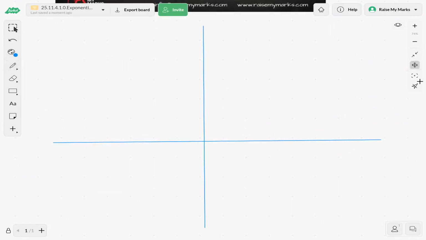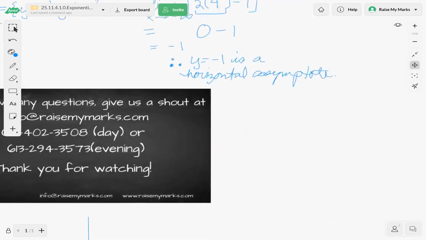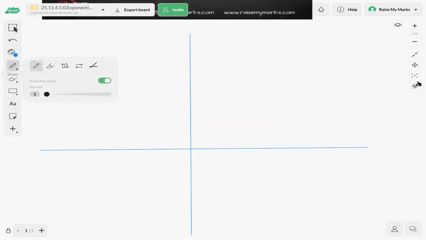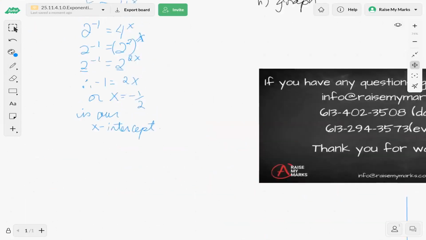Okay, so first things first, let's go back up. We have a horizontal asymptote of y equals -1. Let's draw that in. Let's put a dotted line at y equals -1. Not bad.